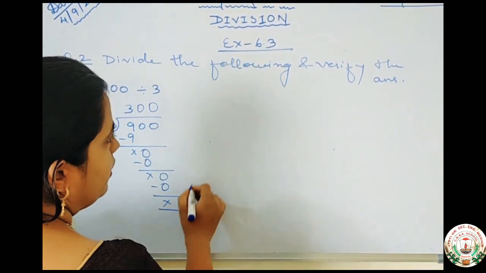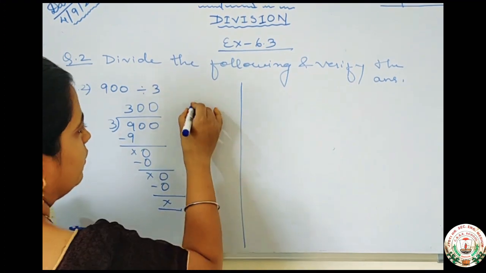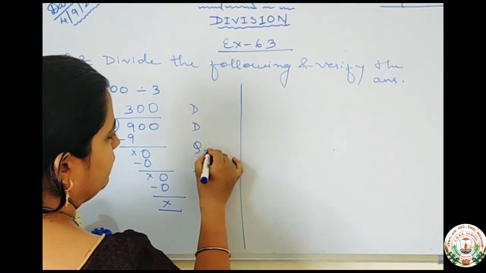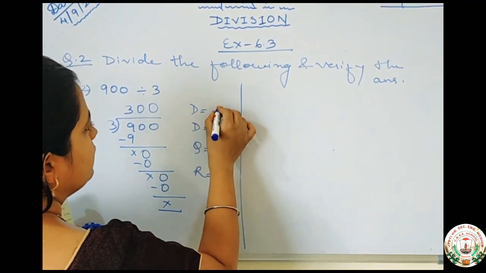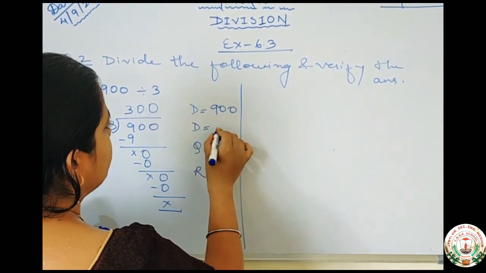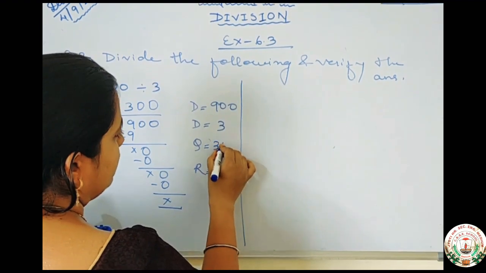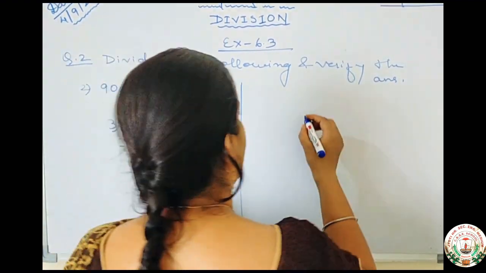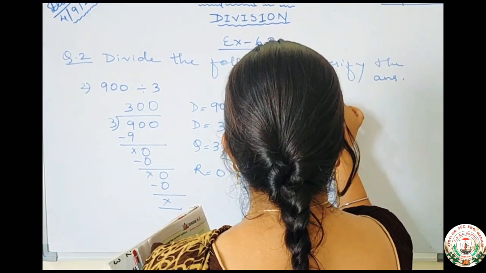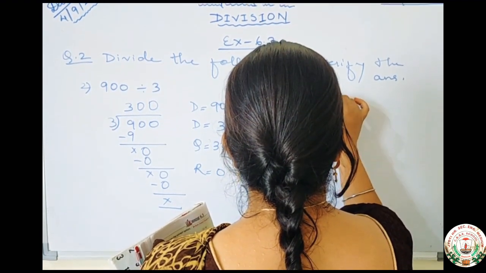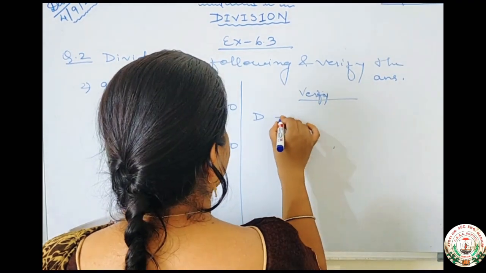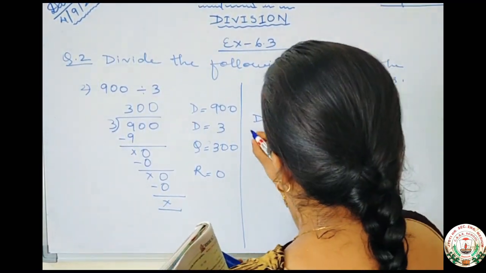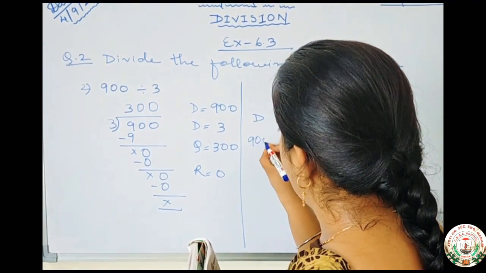Okay. Now first we will write the terms. Dividend, divisor, quotient, remainder. Dividend is 900. Divisor is 3. Quotient is 300 and remainder is 0. Then for verifying we will write the formula. Verify: dividend is equals to divisor into quotient plus remainder. What is dividend? 900.